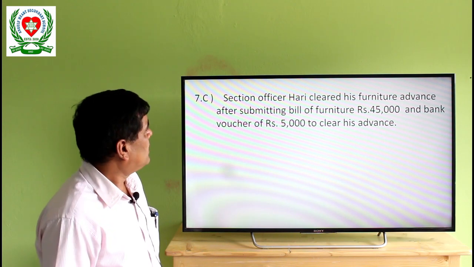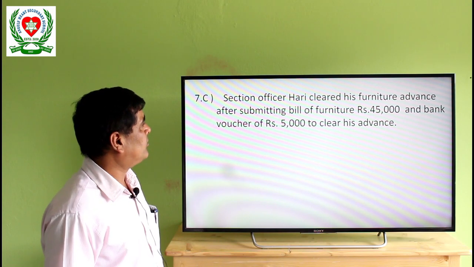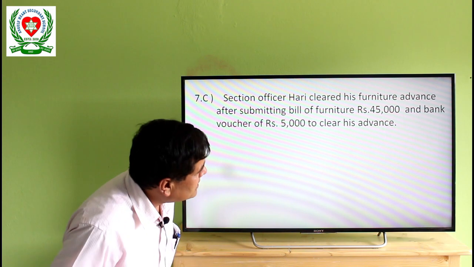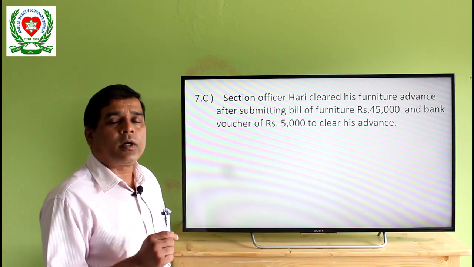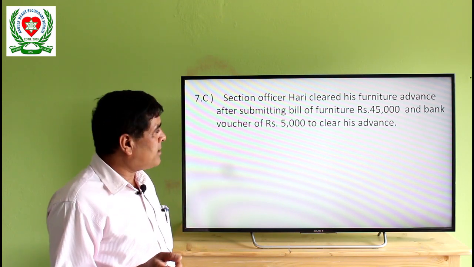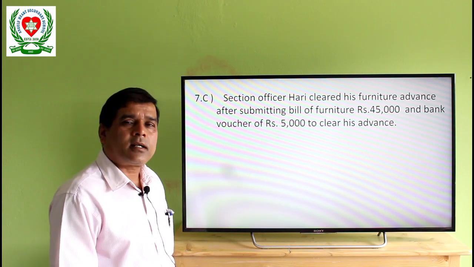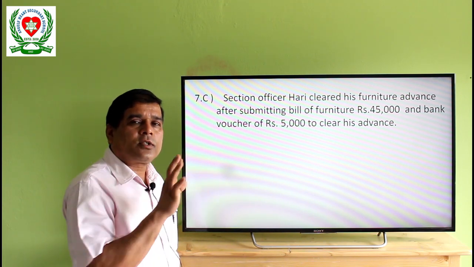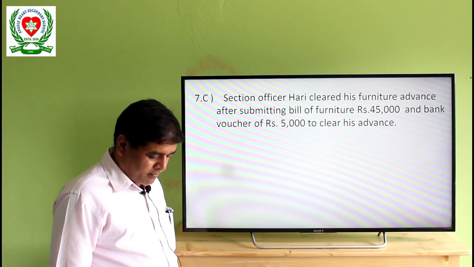Next number, if expenditure is less than the advance amount: section officer Hari clears his furniture advance after submitting a bill of rupees 45,000. Section officer had taken advance of rupees 50,000, but he purchased furniture of only rupees 45,000. Then he should submit 5,000 to the office, and here he submitted a bank voucher of 5,000.